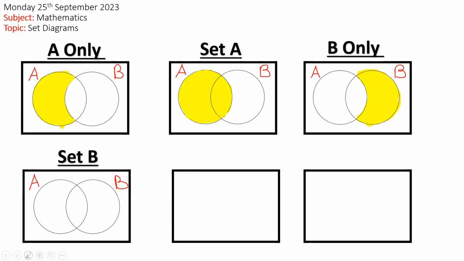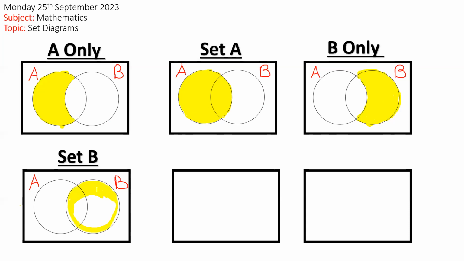Again, we include the intersection with this one, right? So it's going to be all of B. All right. Can someone explain the difference between B and B only? What's the difference between B and B only?